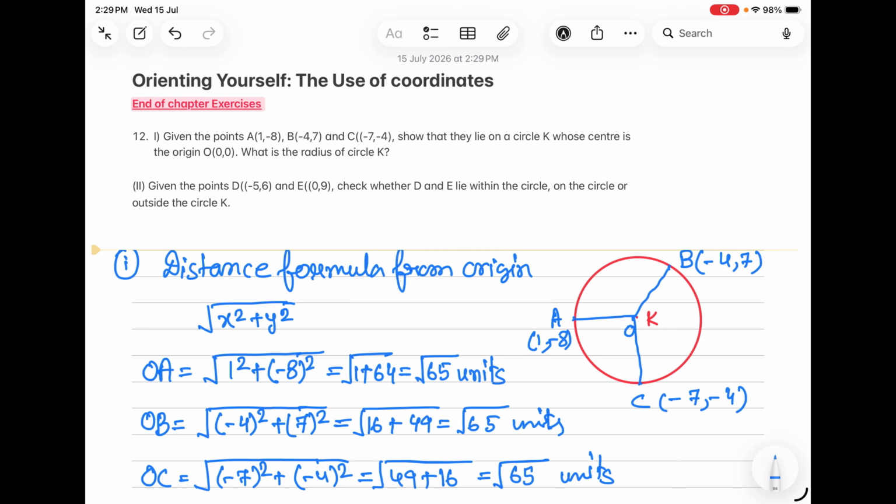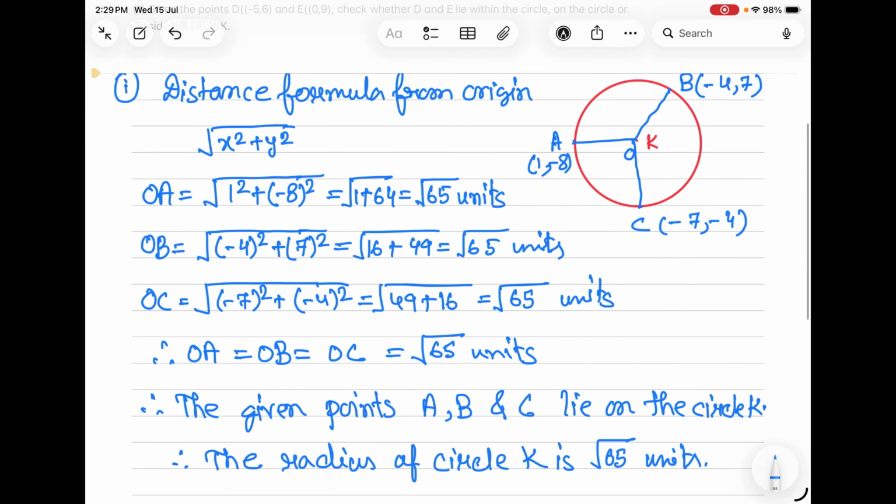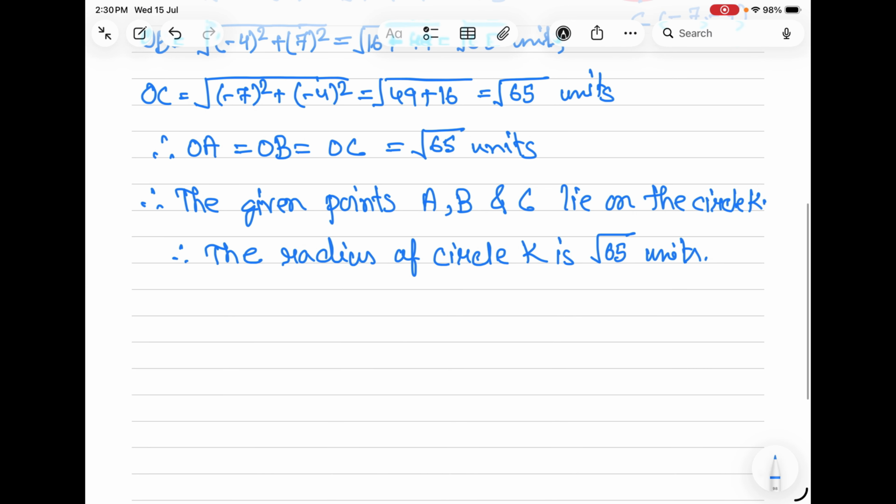Now come to question number 12, second part. Given the points D and E, check whether D and E lie within the circle, on the circle or outside the circle. So how do you check? Suppose this is the circle K, and the radius we know, OA, is square root of 65.